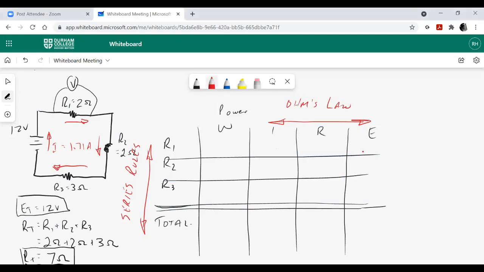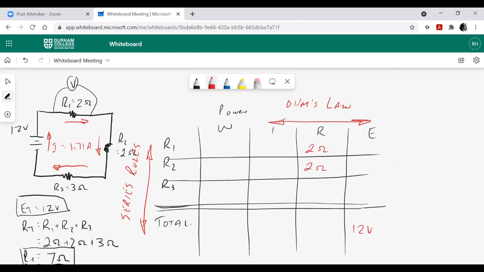I'm going to write down what I was given in red, just to try and distinguish, because color helps. I was given that my total voltage was 12 volts. My resistance R1 was 2 ohms, and R2 was 2 ohms.